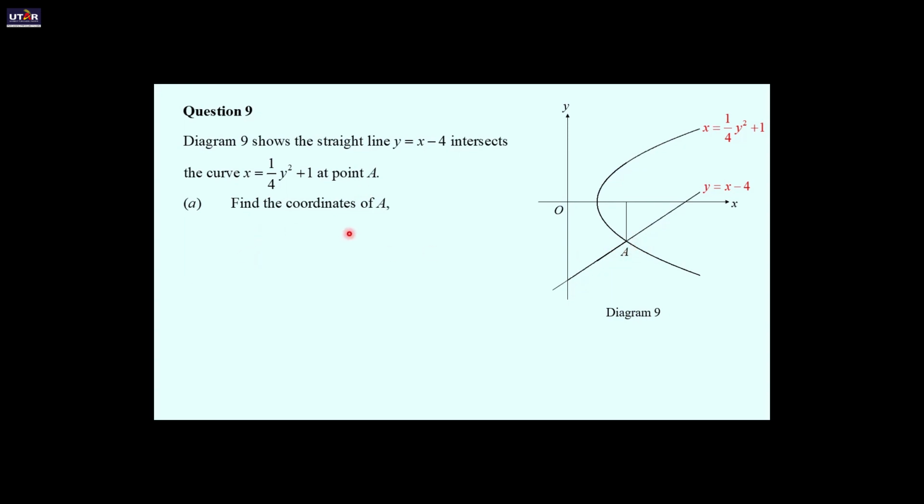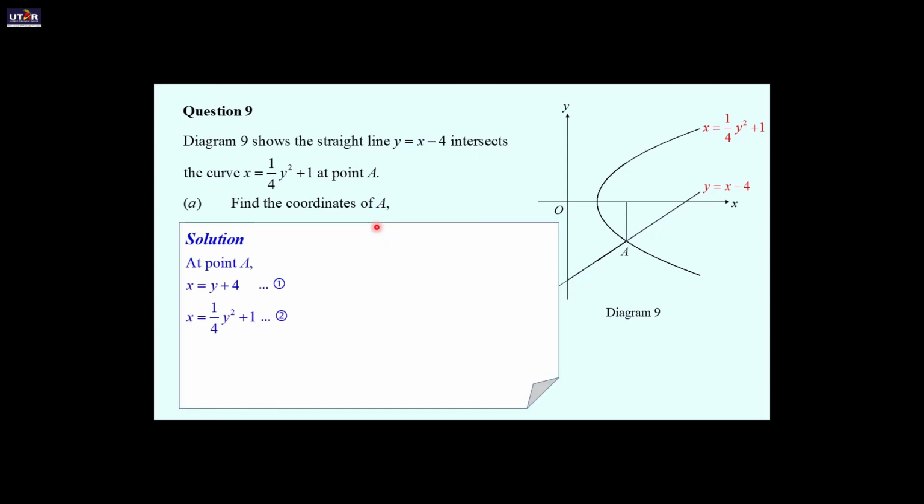In order to find the coordinate of A, we have to solve the simultaneous equations. At point A, for the equation of the straight line, I will rewrite it as x equals y plus 4, whereas for the curve, x equals 1/4 y squared plus 1. By equating these two equations, because both of the left hand sides are x, y plus 4 is equal to 1/4 y squared plus 1.